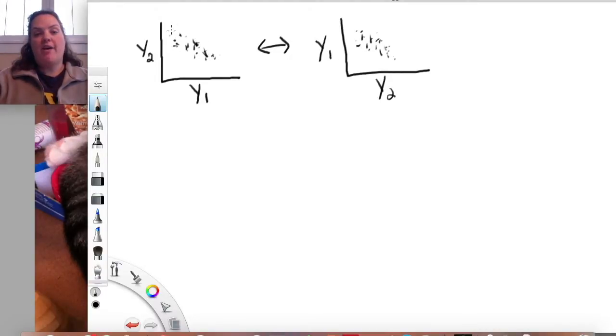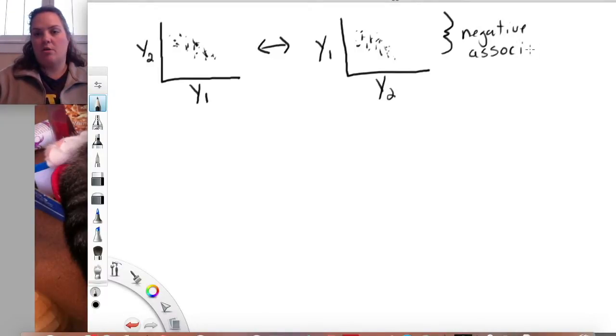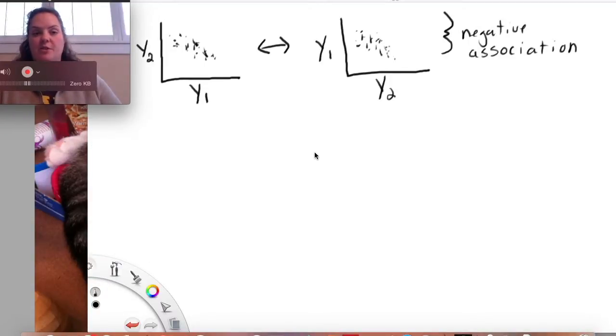And you can see that we have these smattering of points going down. So a negative association is what these will be called. So these are negative associations, and as you can see, as y1 increases, the association with y2 is decreasing, and the same thing here, as y2 increases, the association with y1 decreases. But we're not saying there's a cause and effect. We're not saying that increases in y2 are causing decreases in y1. That's not what we're saying.